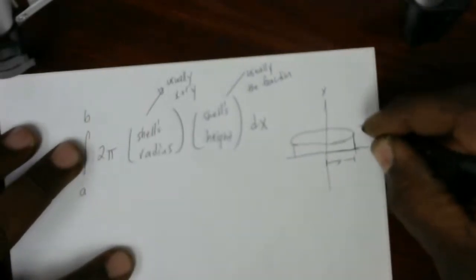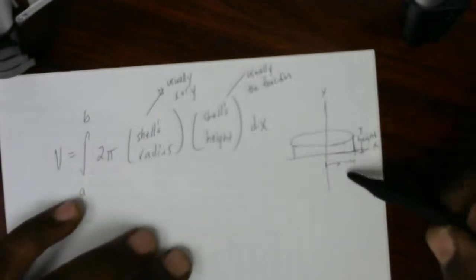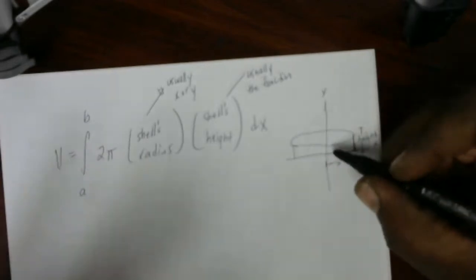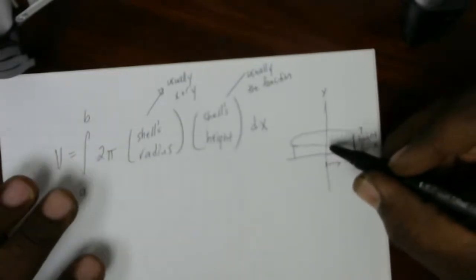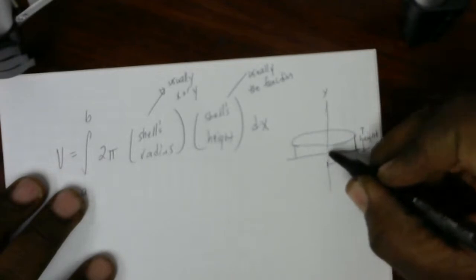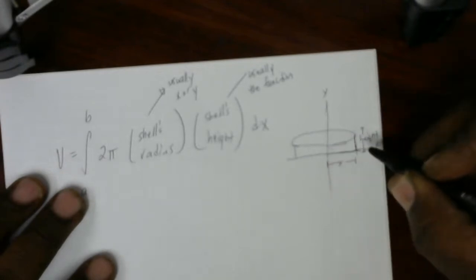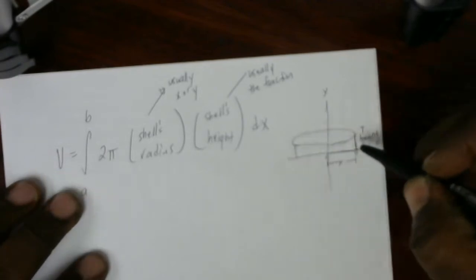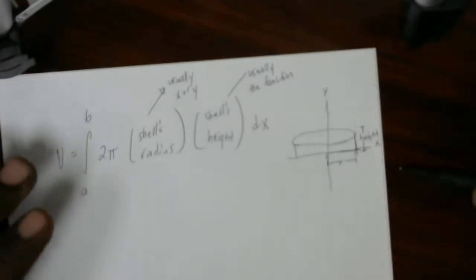So this is the height, which is generally the function. So what we're actually doing is finding the area for each shell from 0 to x, or in this case from a to b. We're finding all of those areas, adding up all of the areas, and that gives us a volume.